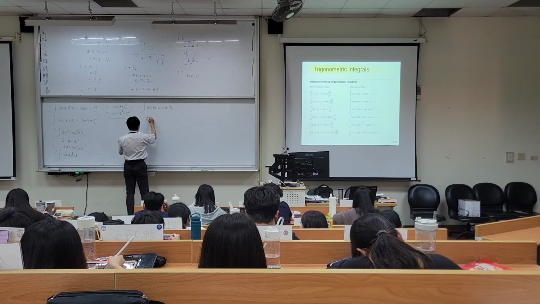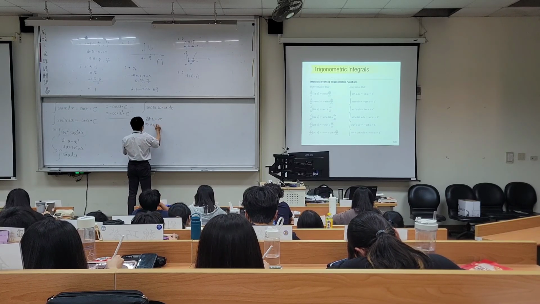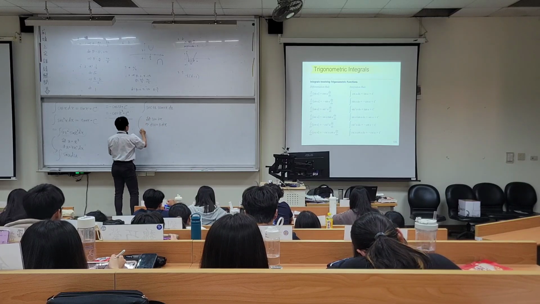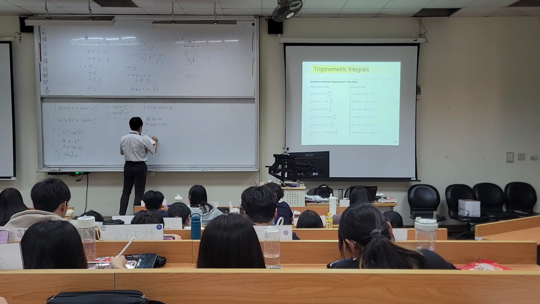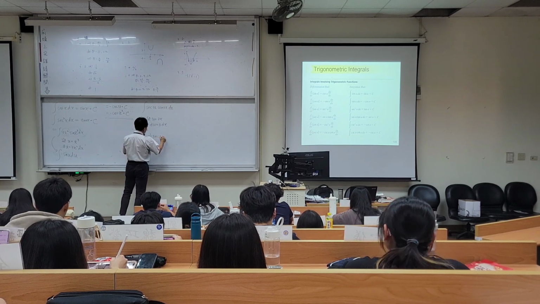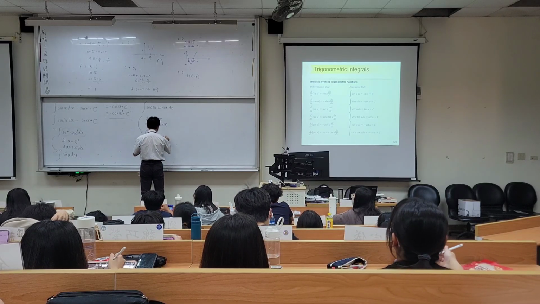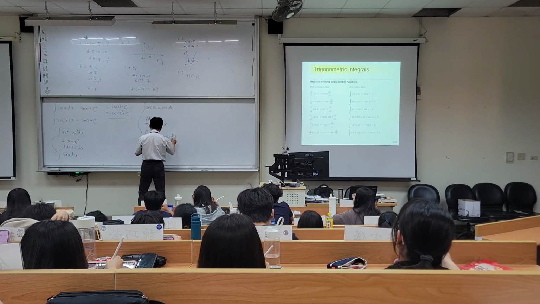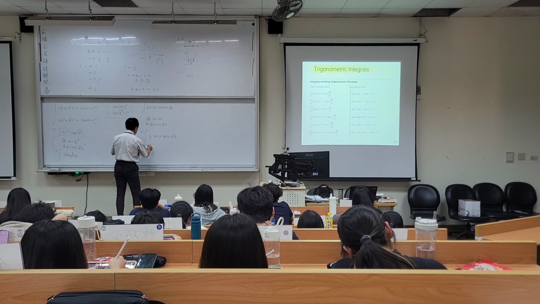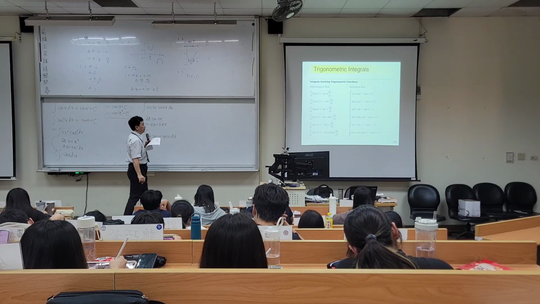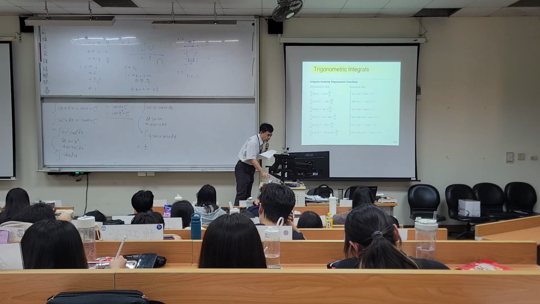So we let u equal to 3x. So that implies du equal to 3 dx. So this should be what? It will be equal to 1/3 of the integral of secant u tangent u du. So it will be equal to 1/3, because the integral of secant tangent is secant.